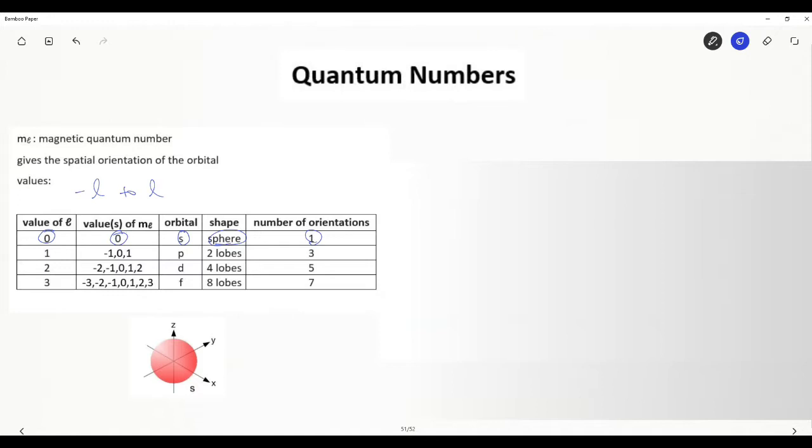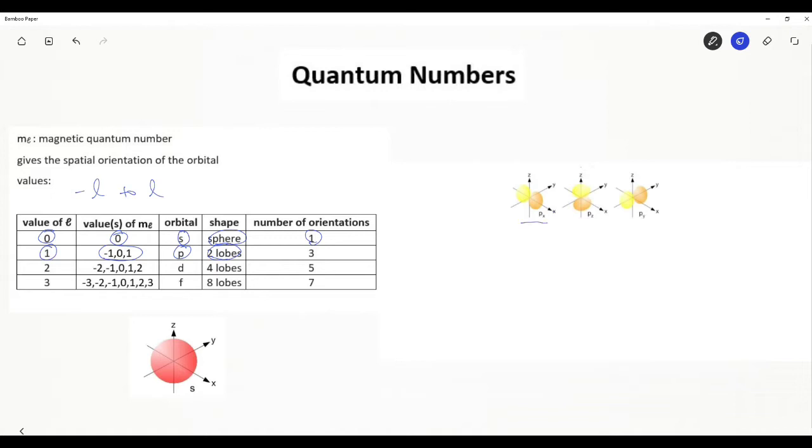Okay, but let's move on to when l equals 1. Now, when l equals 1, m sub l can have 3 different values, and that is negative 1, 0, and 1. Again, when l equals 1, that's the p orbital. It has 2 lobes like we saw before. But if you look again at the picture for the p orbitals, you will see that there are 3 different orientations.